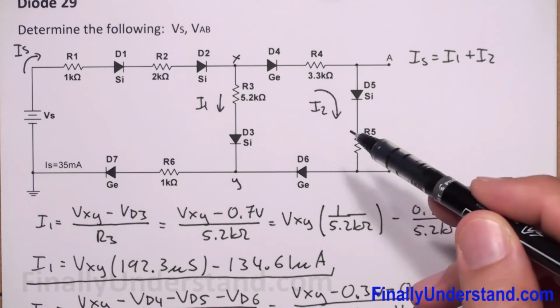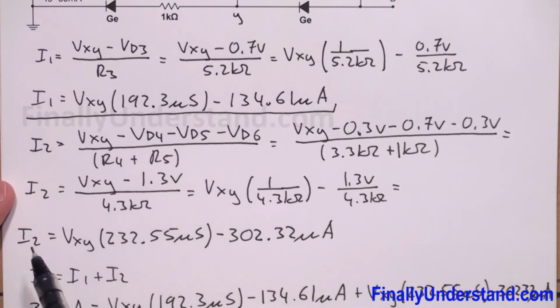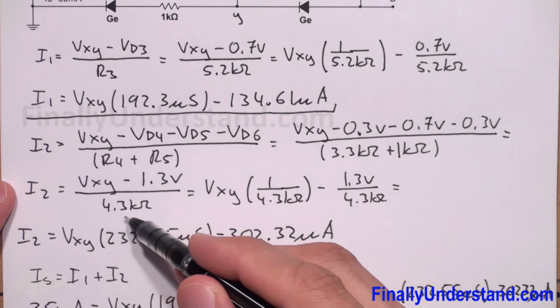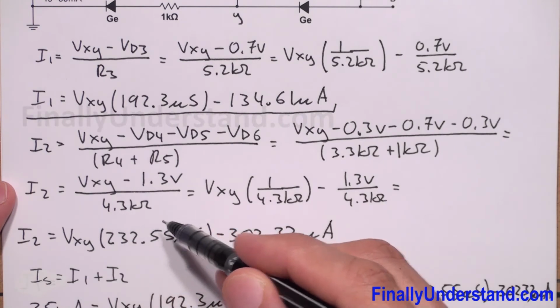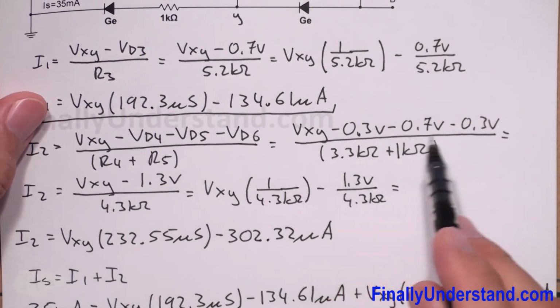That's why I have to find I2. Okay, so let's continue. So this is the formula for current I2. I2 is equal to VXY minus 1.3 volts over 4.3 kilohms. So it came from these calculations.